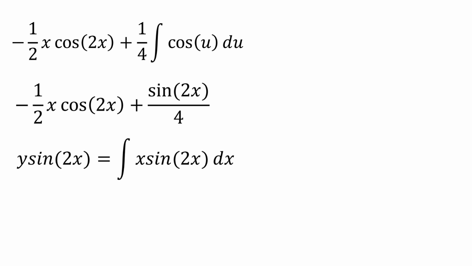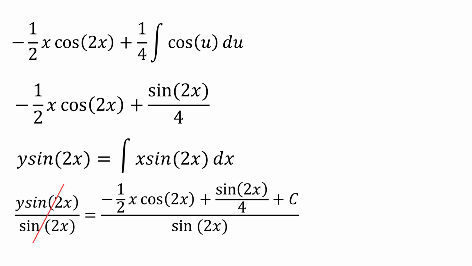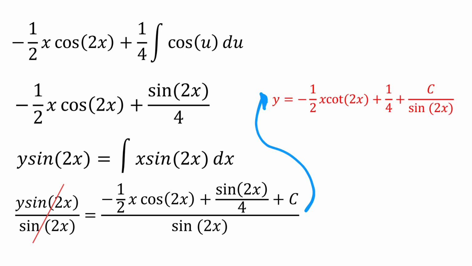We have already integrated x sine 2x dx, right? So this is equal to negative 1 half x cosine 2x plus sine 2x over 4. Next, we are going to divide both sides by sine 2x. So we have y is equal to negative 1 half x cotangent 2x plus 1/4 plus c over sine 2x.